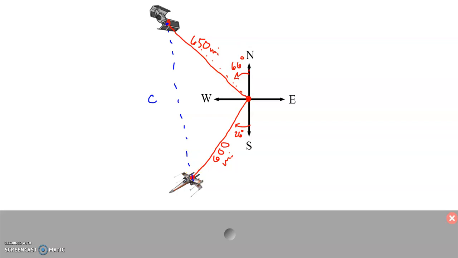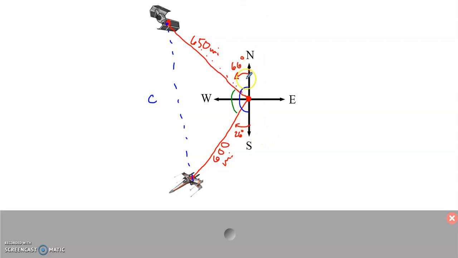So the next thing I'm going to do is try to figure out one of the angles. I'm going to use these 2 pieces of information to figure out how big this angle is right here. And this is why the diagram is so important, because you have to problem solve and think about how you can figure out how big this angle is. There's a few ways to do it. The easiest approach, I think, is to recognize that from here to here is 180 degrees.